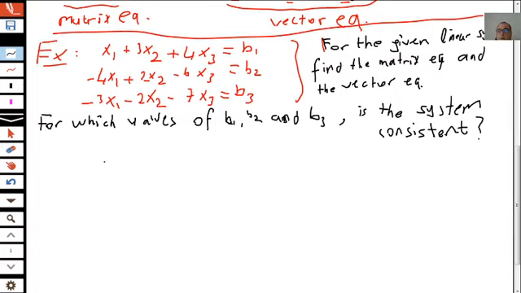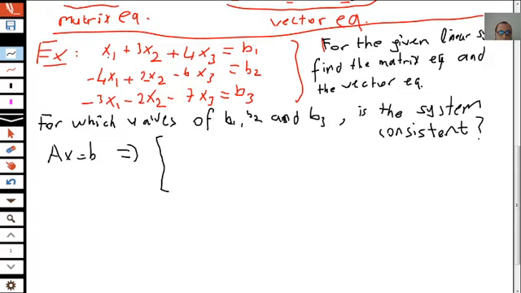Okay, first let's find the matrix equation of the given system in the example. Namely, we will find AX is equal to B. So what is the coefficient matrix? It is obtained by finding the coefficients of the variables respectively.